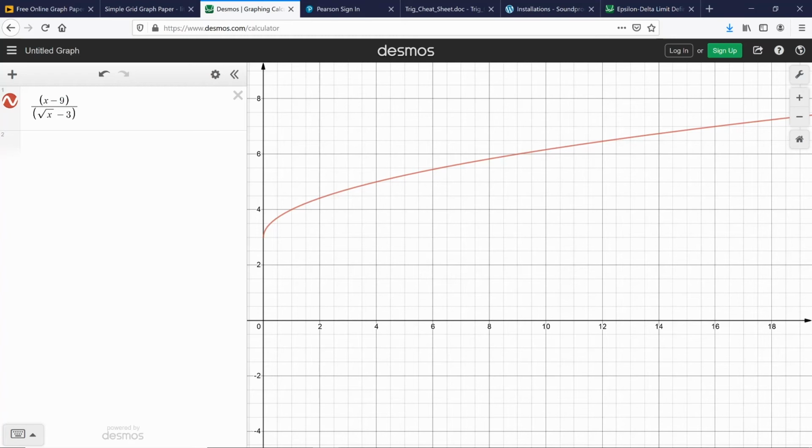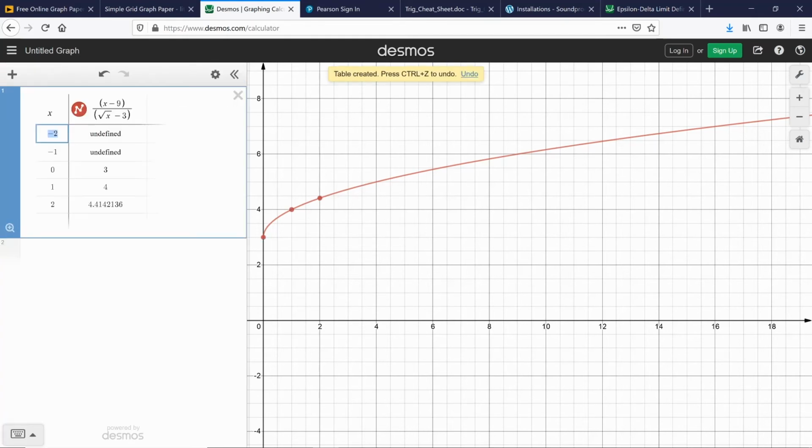But let's look at it from a numerical standpoint. What you can do here is go to the table form of it, and I want to look at values around 9, so I'm going to modify that table on the left to be values that are getting close to 9 but not equal to 9. I'll do numbers that are bigger than 9 and then getting closer to 9.